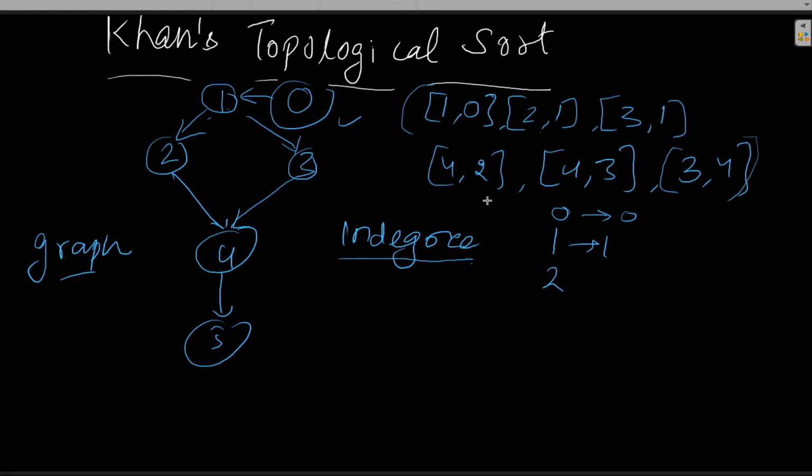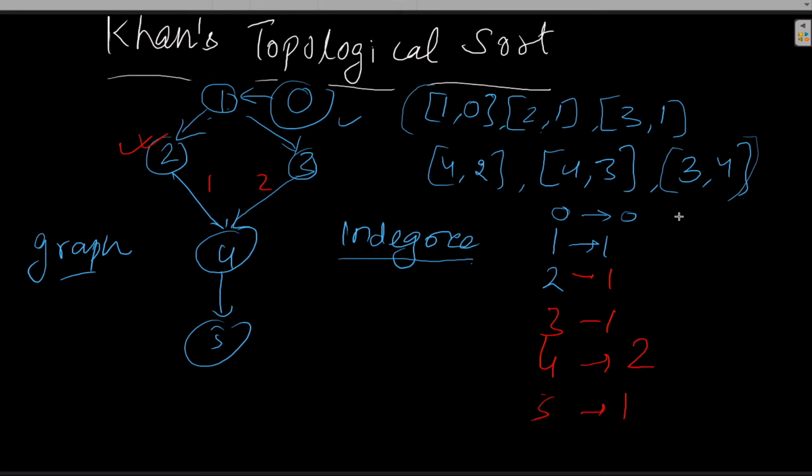Now the in-degree of node 2, which is this node, will be 1, because there is only one edge coming to 2. Similarly, for 3, the in-degree will be 1. For 4, the in-degree would be 2, because there are 2 edges coming into 4, and the in-degree of 5 would be 1.